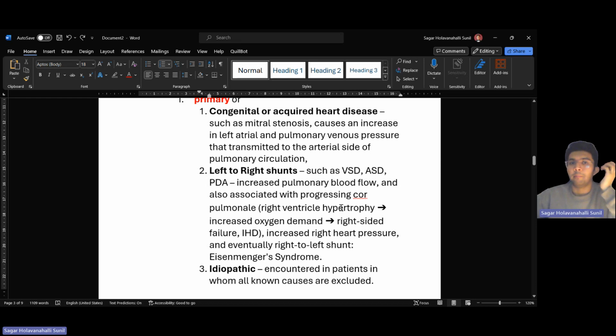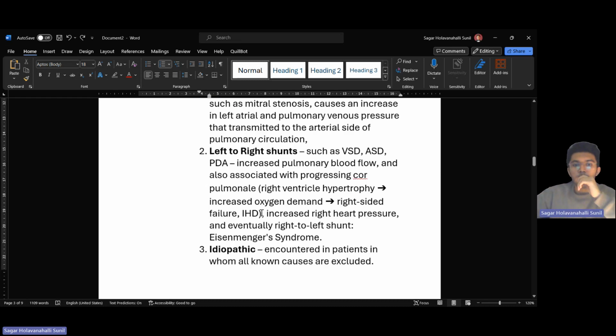Again, it has to bear the hydrostatic pressure of the increased blood flow into the right side of the heart. Also, there's an increased oxygen demand, right? Because now the right ventricle has to pump more and more. So this can cause right side heart failure and cor pulmonale.